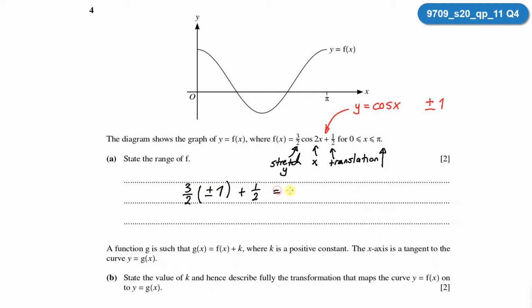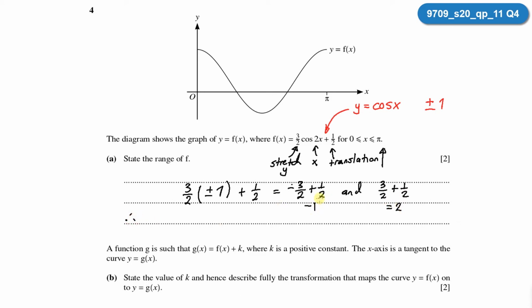We actually have two things here. We have minus 3 over 2 plus a half, and we also have positive 3 over 2 plus a half. And minus 3 over 2 plus a half will give us minus 1, and 3 over 2 plus a half will give us 2.